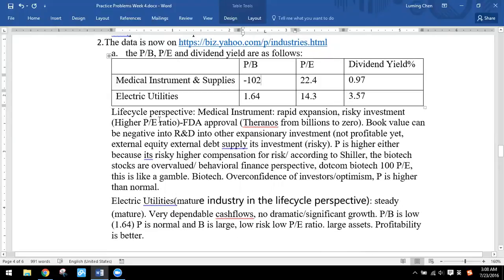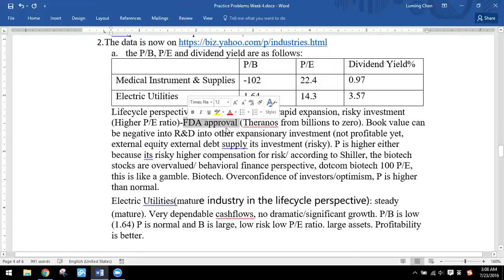Because medical instrument is, from the life cycle perspective, a rapidly expanding industry, and it has a lot of risky investment because the fate of the whole company might sometimes hinge on FDA approval.